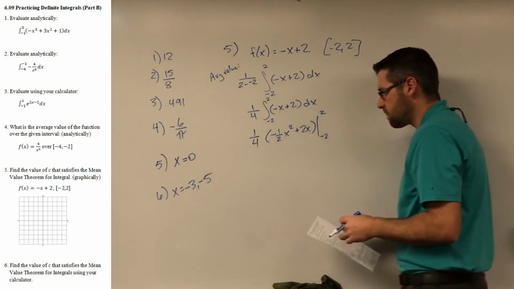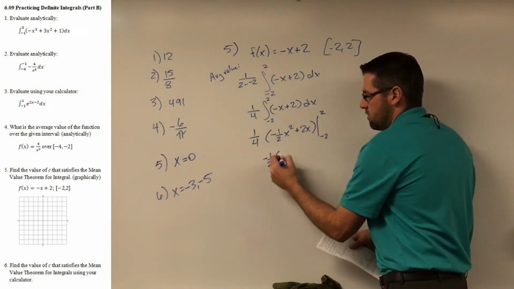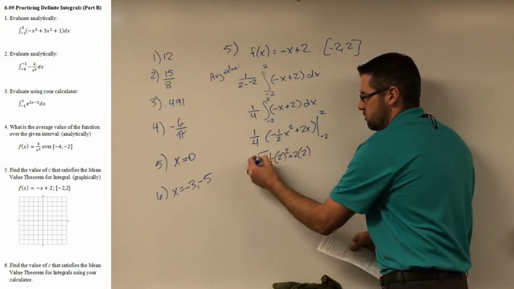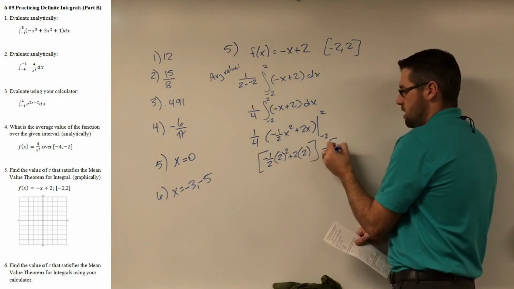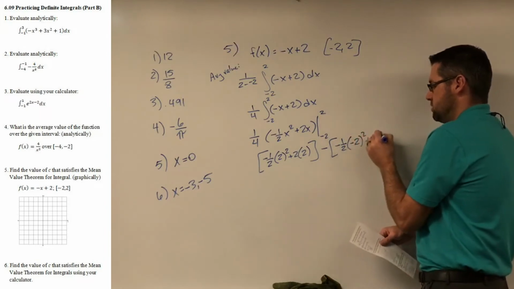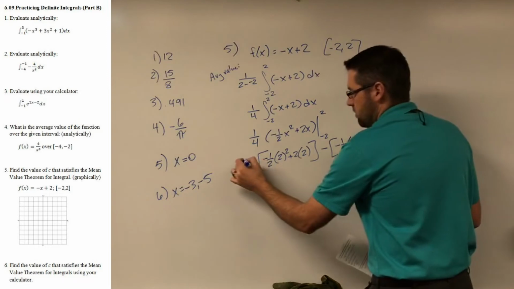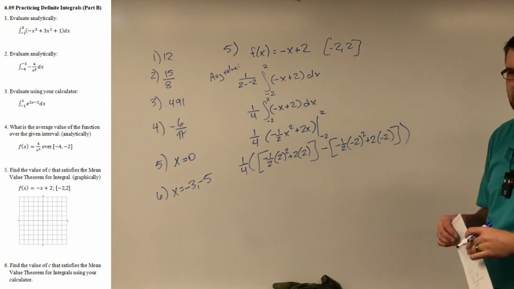Then I'll plug those values in: negative 1 half of 2 squared plus 2 times 2, minus negative 1 half of negative 2 squared plus 2 times negative 2, and I still have 1/4 out front. You guys okay with this so far?